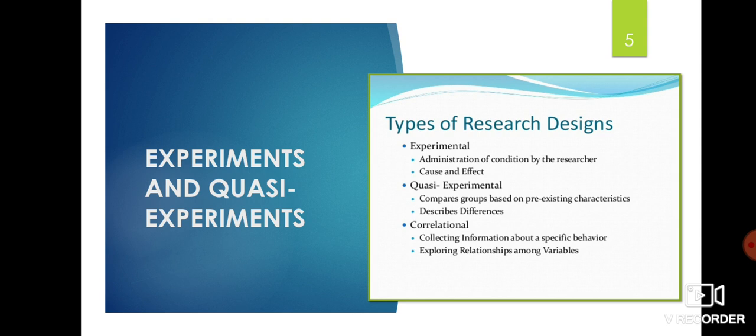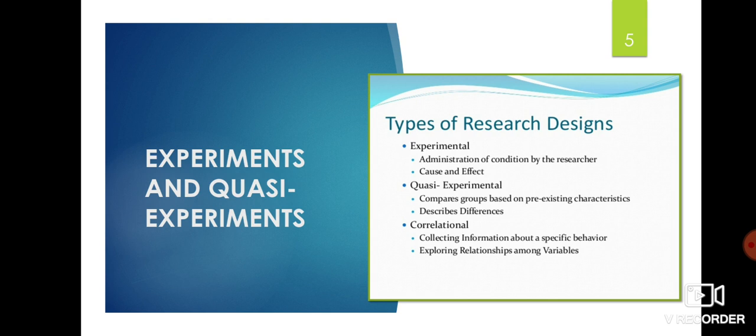Another one, ginagamit yung quasi-experimental design kapag ang independent variable mo ay merong pre-existing characteristics. For example, you wanted to know the difference about the gender, about the effect of gender in the intelligence of the individual. So, kapag ang pinag-uusapan ay gender, hindi mo pwedeng i-randomly assign ang gender.